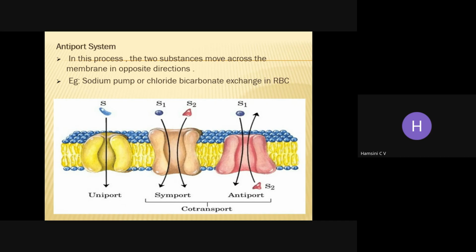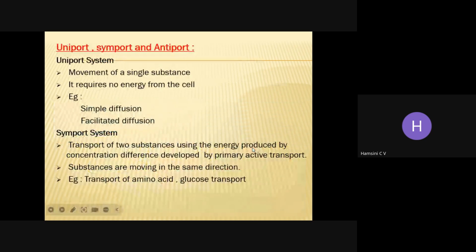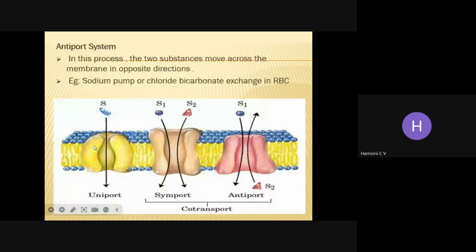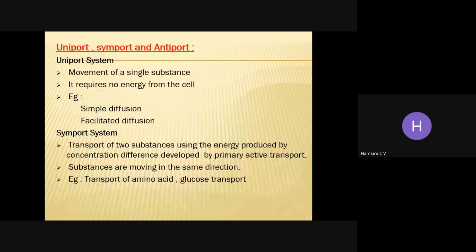Okay, uniport, symport, antiport. So what are the examples here? Uniport, movement of a single substance, requires no energy. Diffusion and facilitated diffusion all take place by uniport. Symport, where two different substances move in the same direction, like glucose transport.